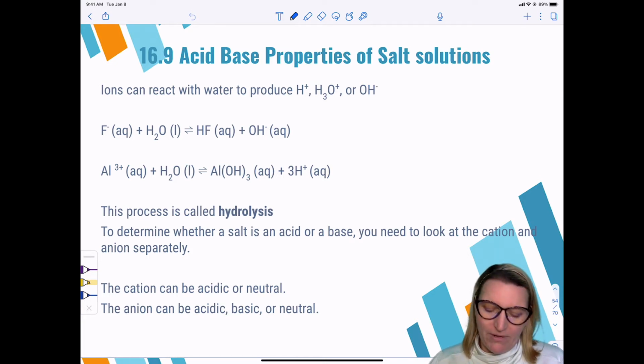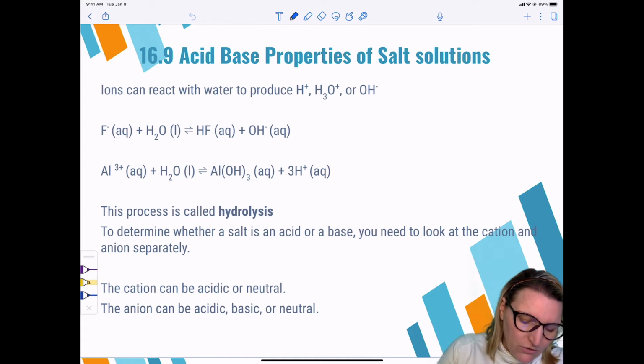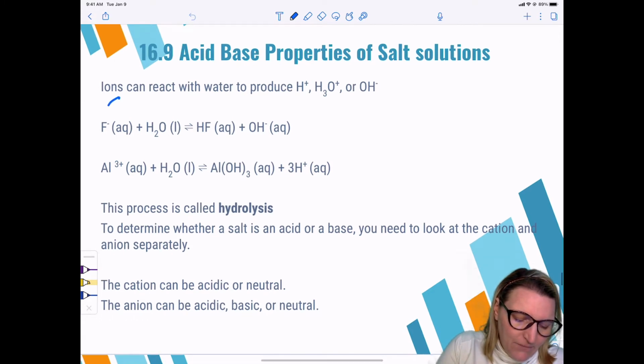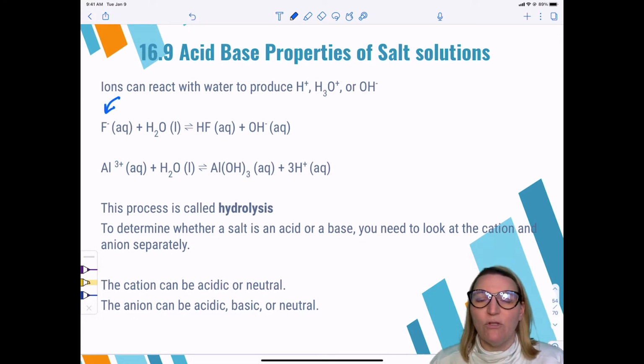So not an acid or base, but starting with an ionic compound and then seeing how usually its conjugate acid or its conjugate base reacts with water. So here we can see F minus. This could be from an ionic compound like sodium fluoride, potassium fluoride, iron 2 fluoride. Any ionic compound that happens to have fluoride as its anion, as its negative ion.